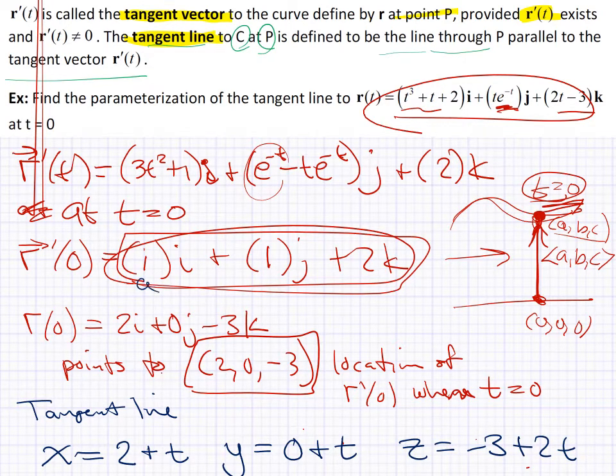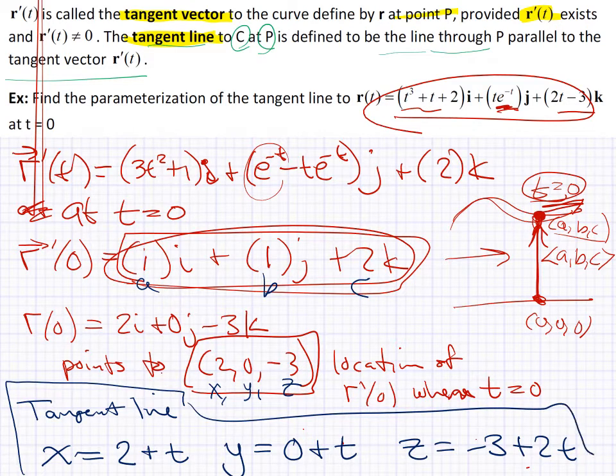Remember, a, b, c, x1, y1, z1. So this is the parametrization of the tangent line when t equals 0 for this function.